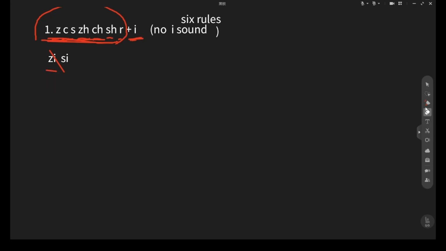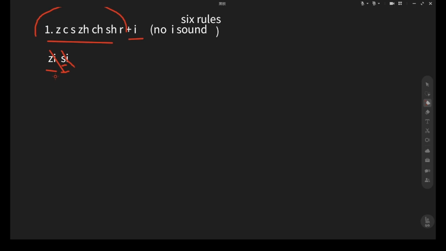So how to pronounce this pinyin? The consonant s is in this group, so no e sound. First delete this e sound and only read this consonant, so s.